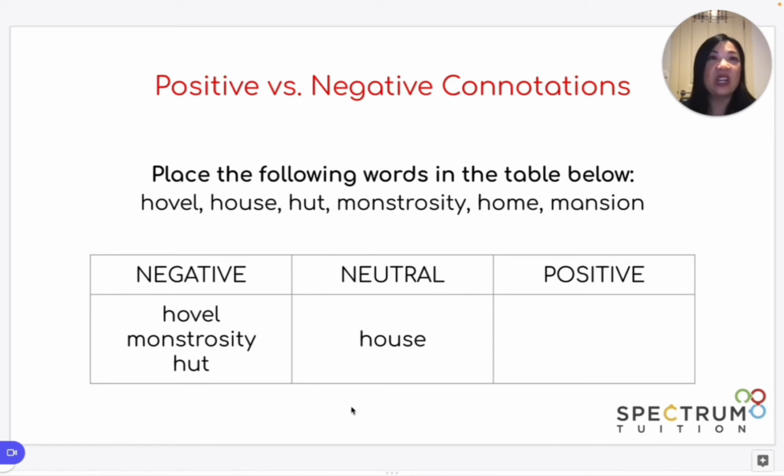Monstrosity, so a really big garish dwelling. And then you have a hut, right, which evokes feelings of it not being particularly large. And then on the other side, we've got a home or a mansion, which are positive words, right? So you can see how that all looks.